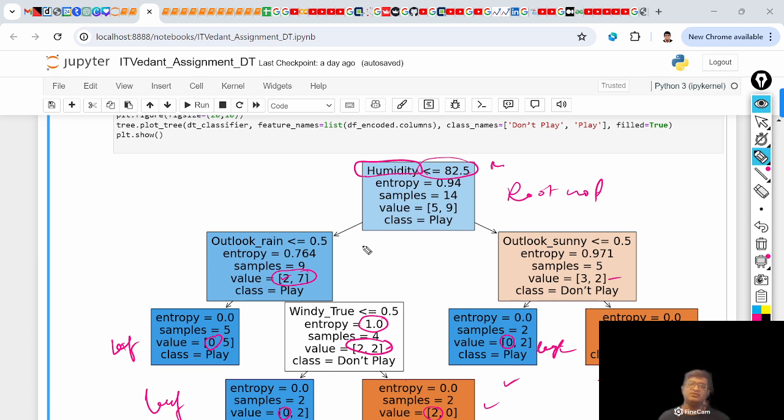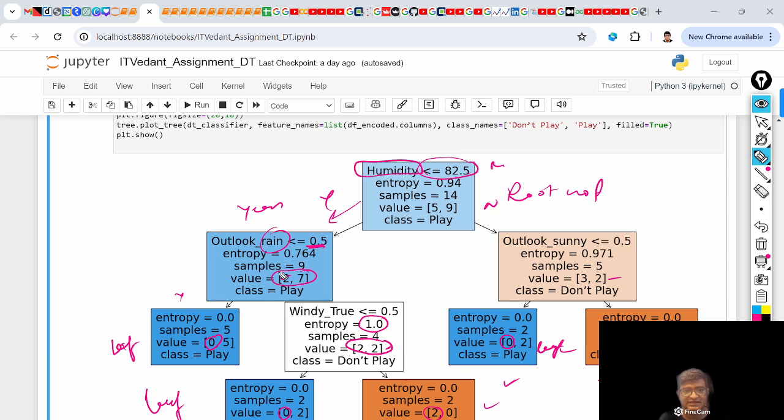Okay. This is how easily we can understand how the data flows, and once new data comes, it will follow that path. This is yes, this is no. So any humidity which is less than 82.5 will follow this path, and then again it will take the criteria. If this is yes, so if it's the rain outlook and it is less than 0.5, what that means is it is either rain yes or no, right?